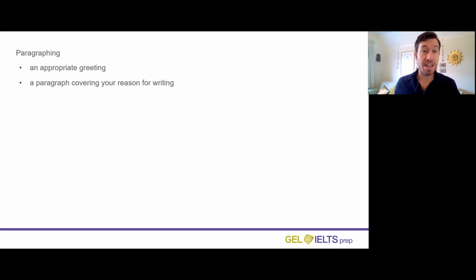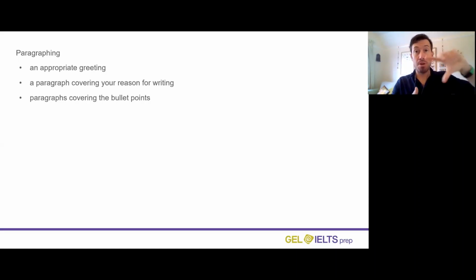So that's very essential. After that, you would want paragraphs that are covering those bullet points. So the requirements of the task, you remember from before when it had the 3 different points. It could be 1 or 2 paragraphs containing all of them. You could maybe have 3 paragraphs, or you could possibly have 1 big paragraph. It depends how you want to organize it.